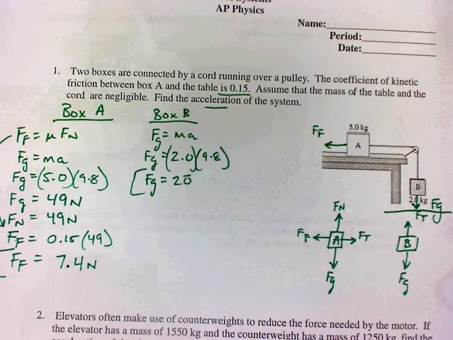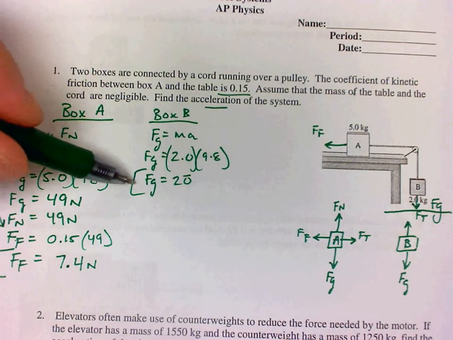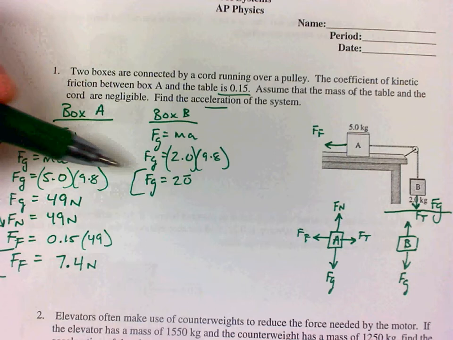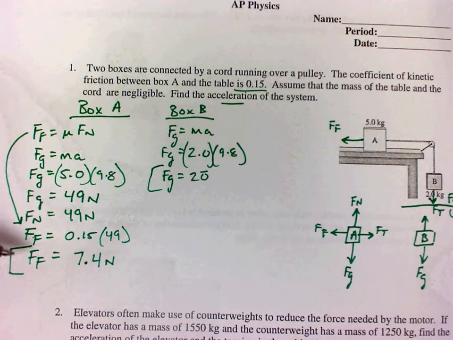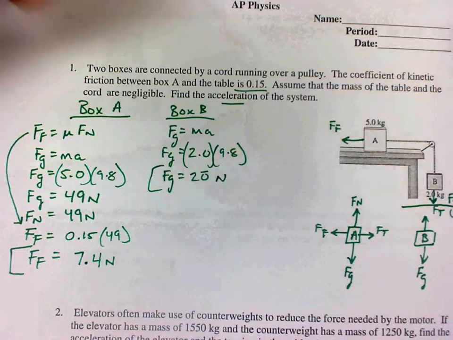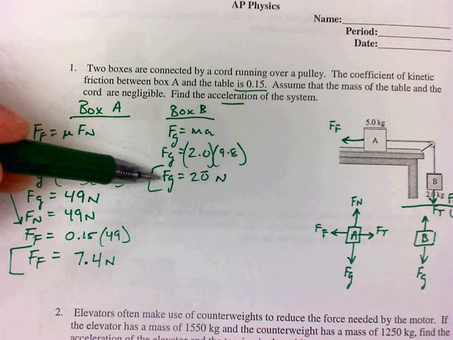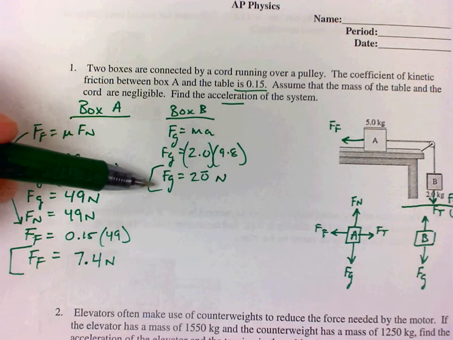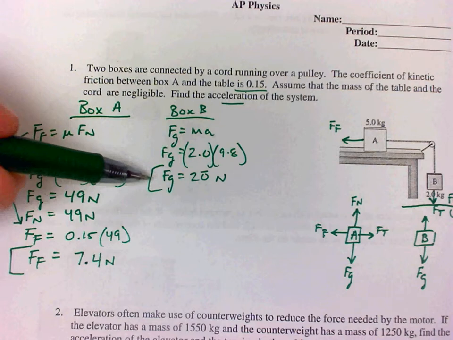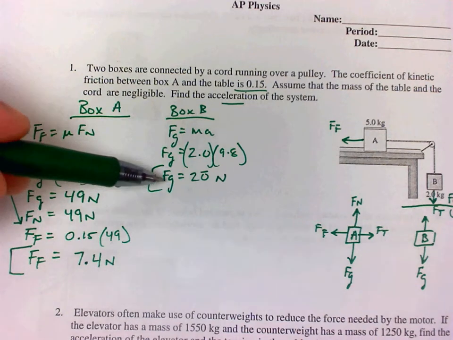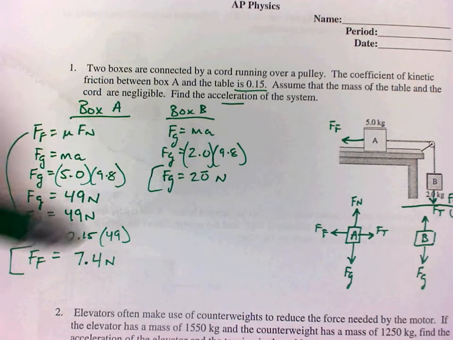Now if we compare these two numbers, just like we said in the beginning, we can see that Fg is greater than Ff. Put some newtons on here. Because Fg is greater than Ff, the system will accelerate. Now we can figure out exactly what rate the system will accelerate at. What we need to do is get a net force. The net force is going to be the difference between Fg and Ff.